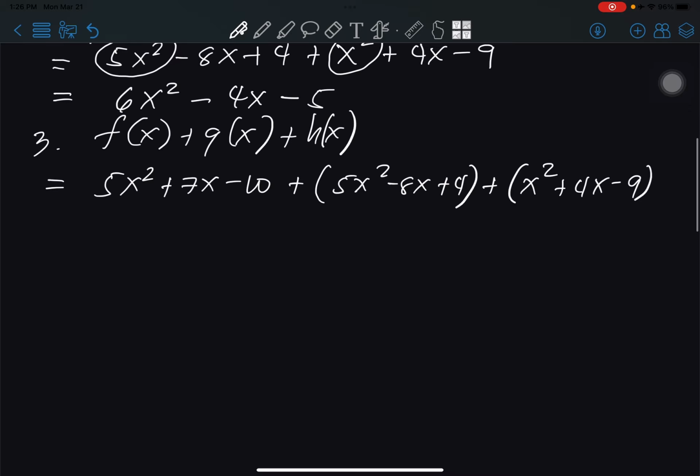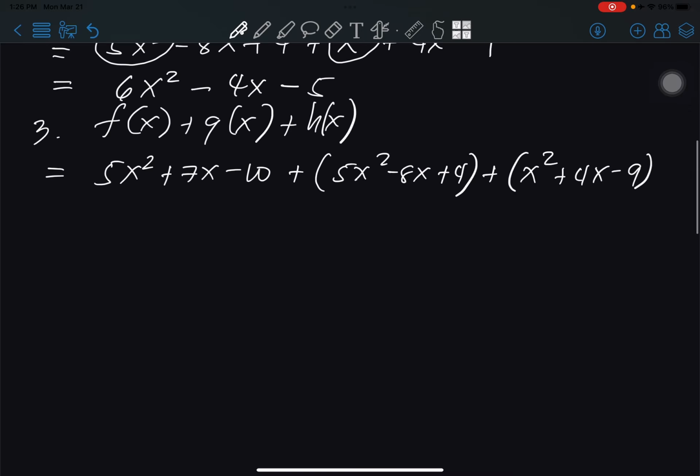Now, let us simplify this. So by removing our parentheses, and it's just easy to remove our grouping symbols, particularly our parentheses here, because we have our operation addition. So you just have to copy all the terms inside your grouping symbol.